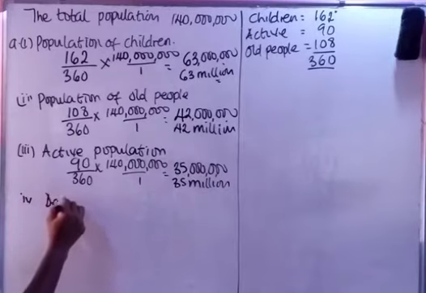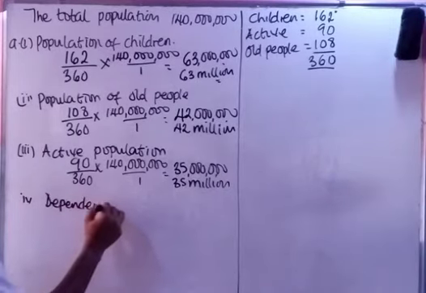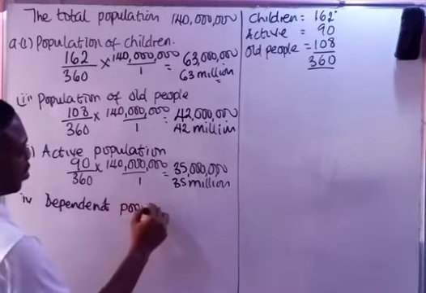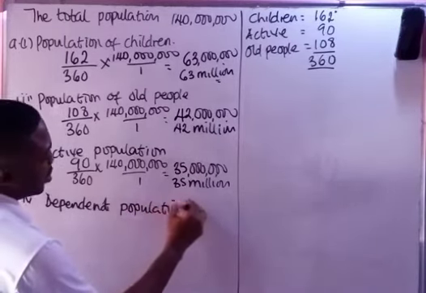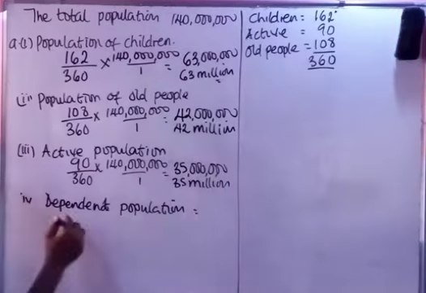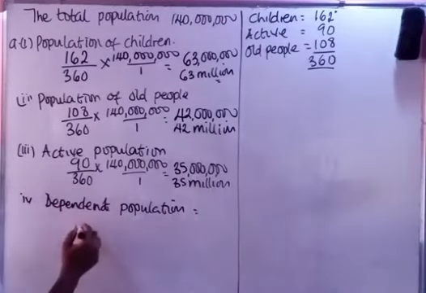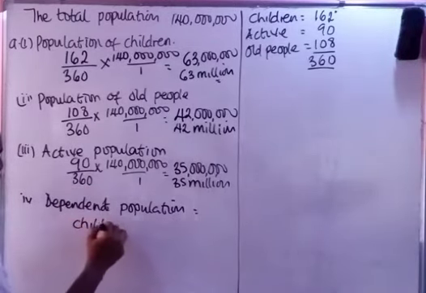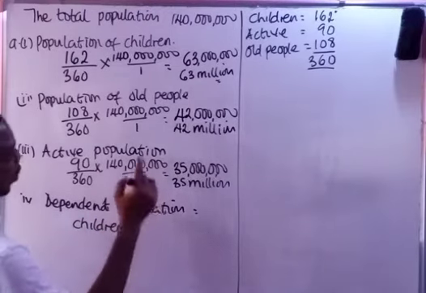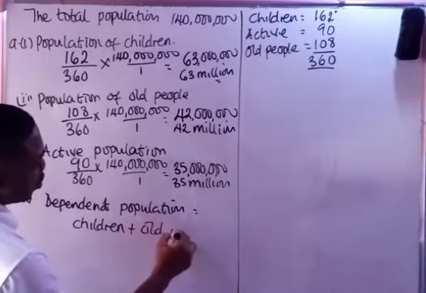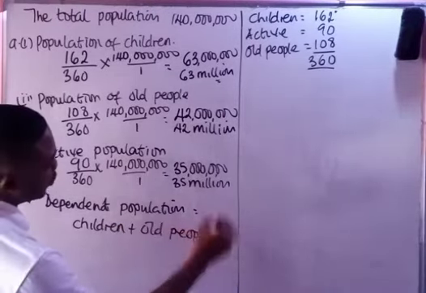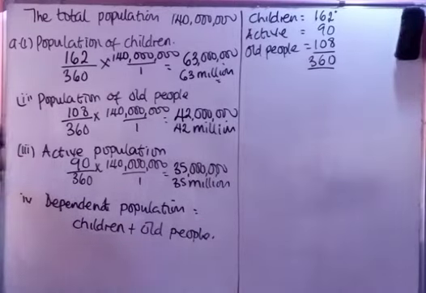the dependent population will comprise of the children plus the old people. The children plus what?